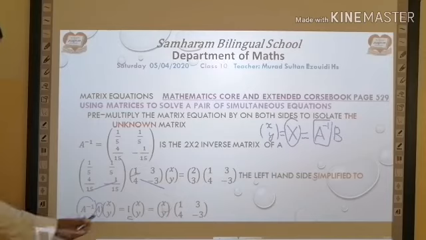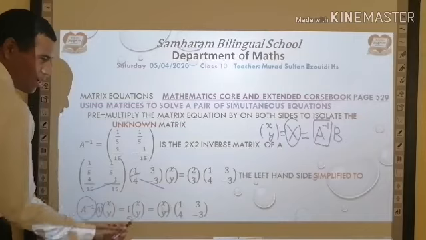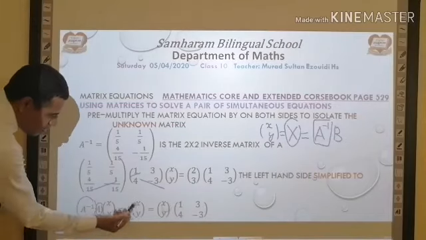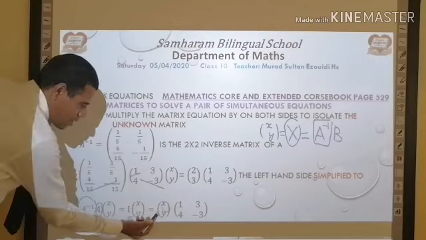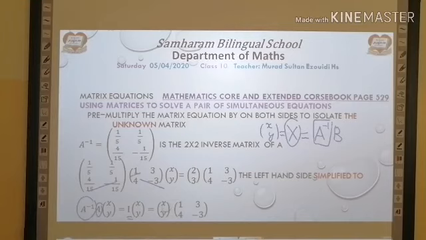And a unit matrix multiplied by any matrix gives the same matrix. So I will just write the column vector xy, the matrix of order 2 by 1.